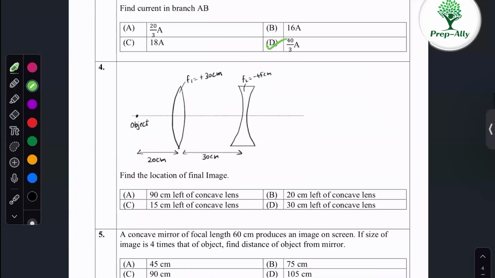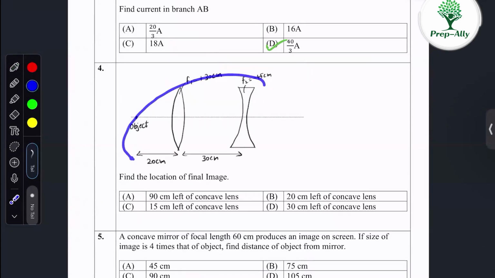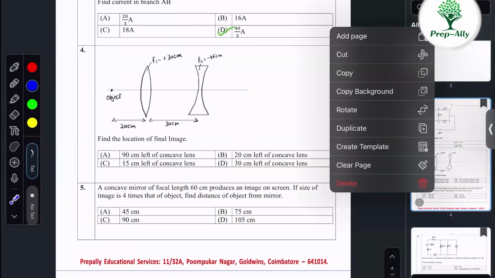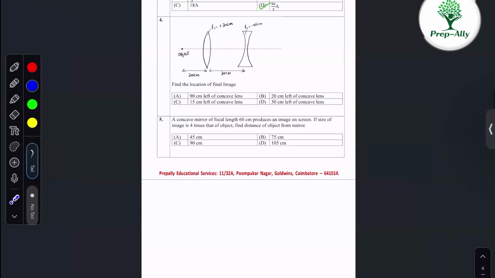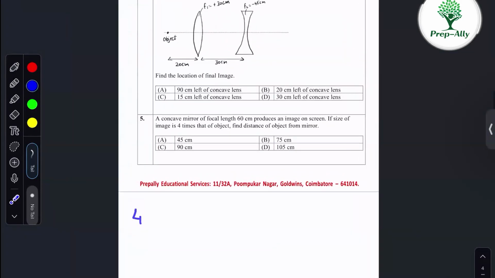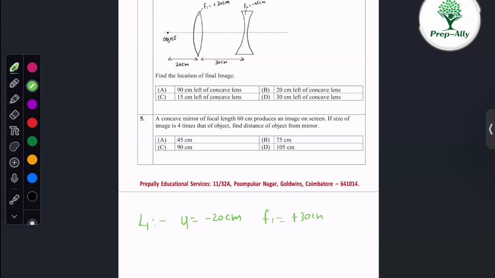So now next, they're asking for the location of the final image. So here, first you have to find the image formed by the first lens. Apply the lens formula for the first lens. For the first lens, object is at a distance of minus 20 centimeters. Focal length is plus 30 centimeters.